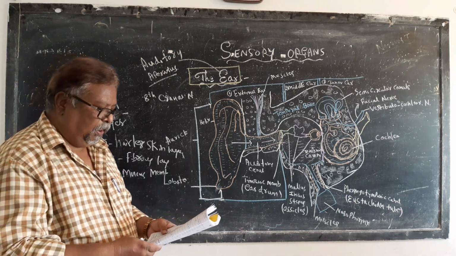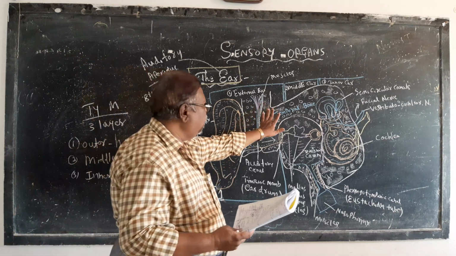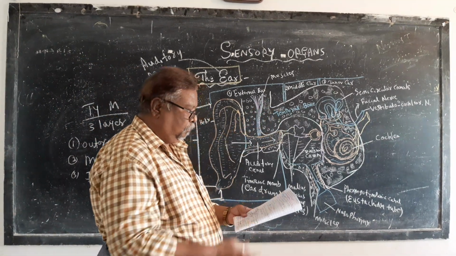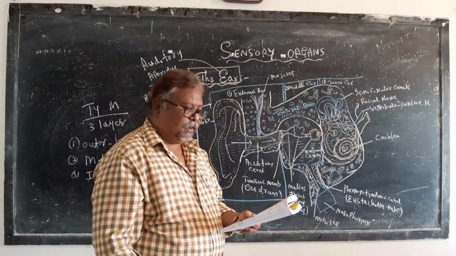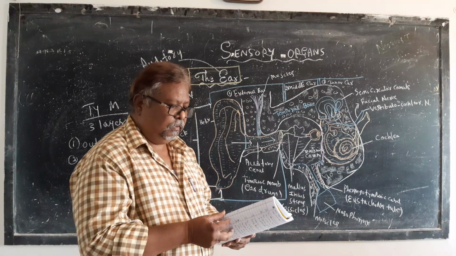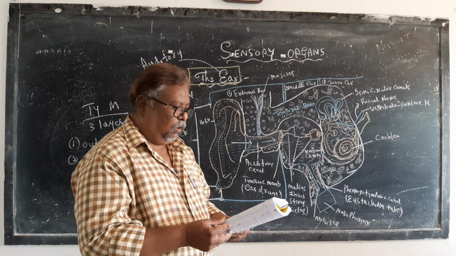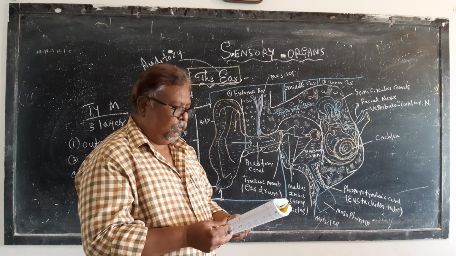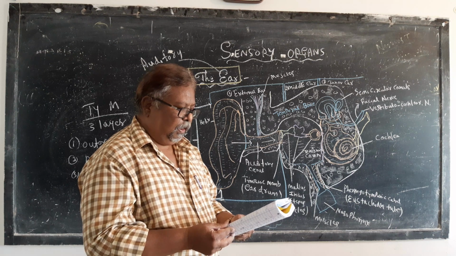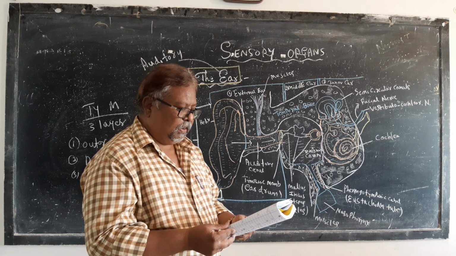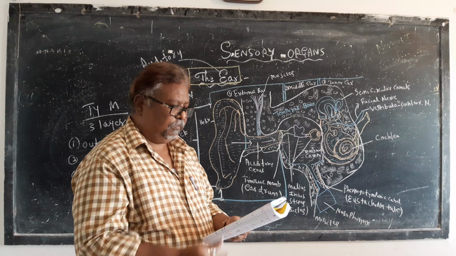Now coming to the middle ear. The tympanic membrane shows a central depression called the umbo, on the inner side of which the handle of the malleus is attached.